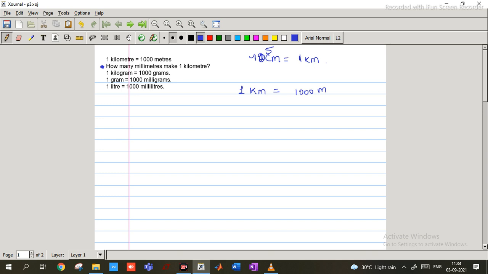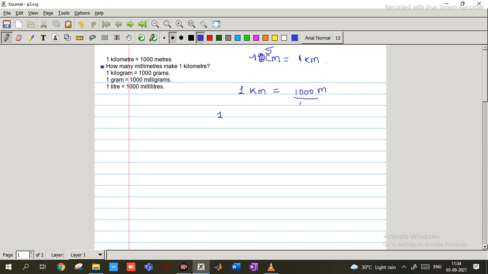So how many millimeters make 1 kilometer? In order to convert it into millimeters, I will have to divide this number by 1000, right?